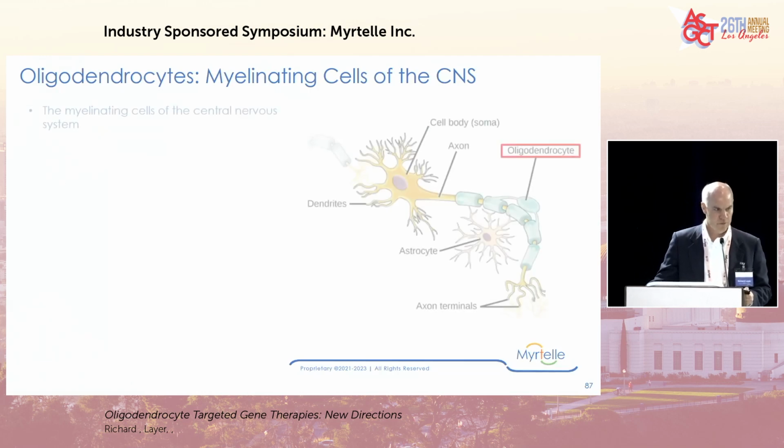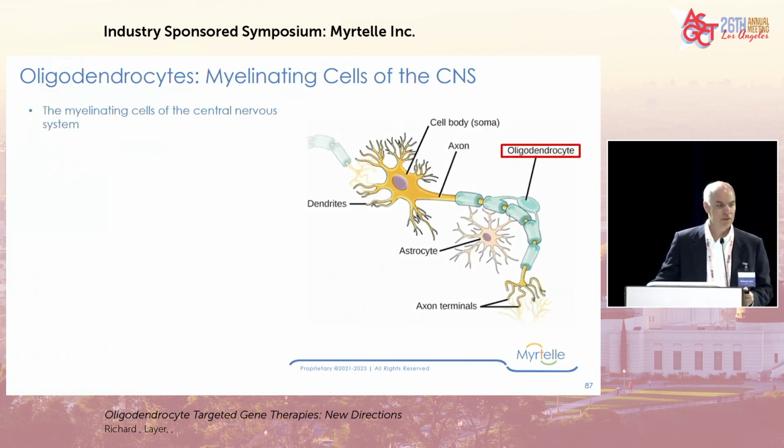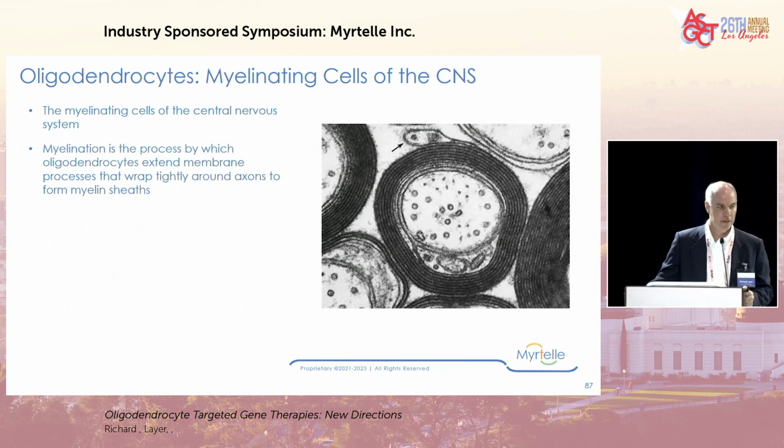So, for review, oligodendrocytes are the myelinating cells of the central nervous system. And myelination is the process by which oligodendrocytes extend membranes which wrap tightly around axons and form myelin sheaths.